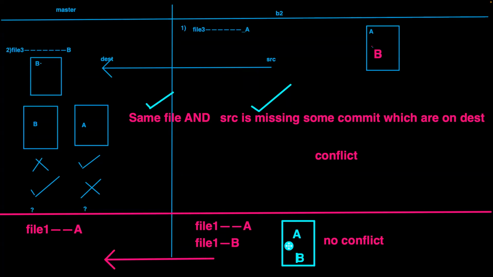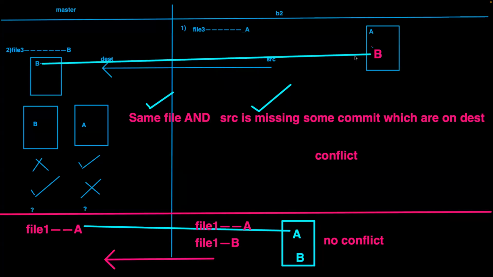There is a commit called A on the destination, and it is present on the source. A is here, A is also present here. Nothing is missing; whatever is on the destination you have on the source. You will not get a conflict in this scenario. Whereas here, this commit B is not on the source branch for the same file. That's where you get a conflict.